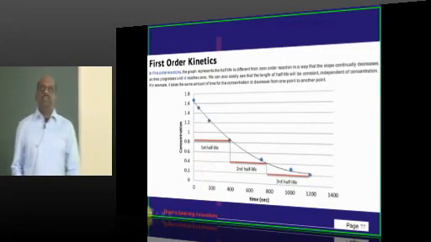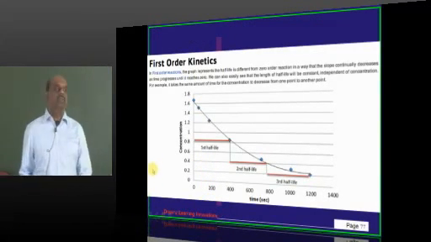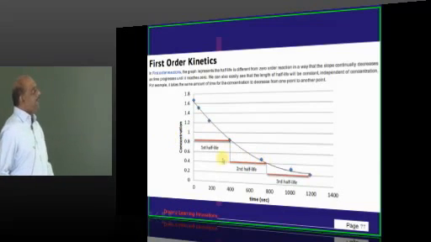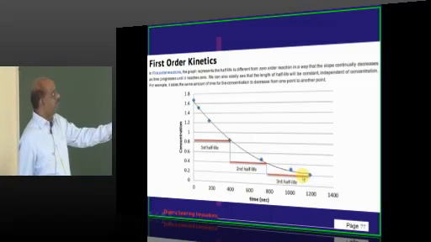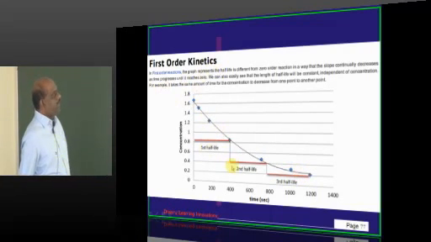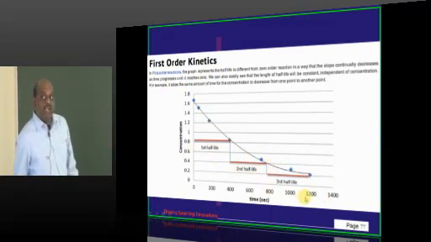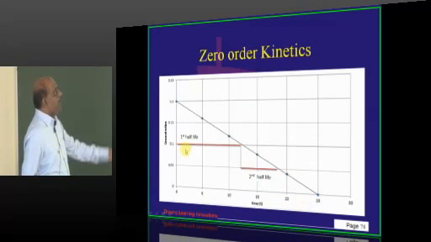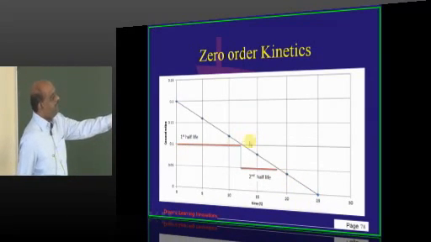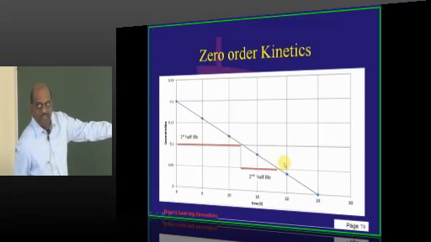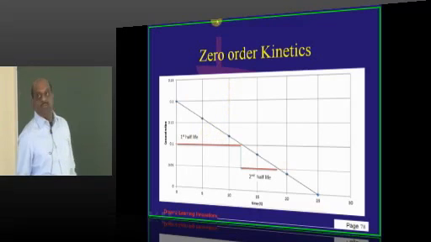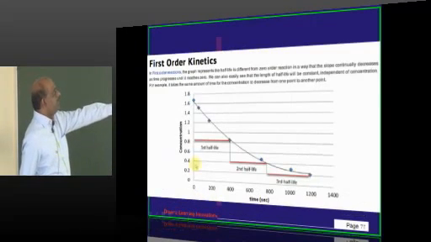So doctor, this is one favorite illustration of examiners which you need to know. What's happening here? With every half-life in first order kinetics, how is the half-life? Is it changed? No. But if you take the half-life in zero order kinetics, it will be varying. So that is the main difference between zero order and first order.